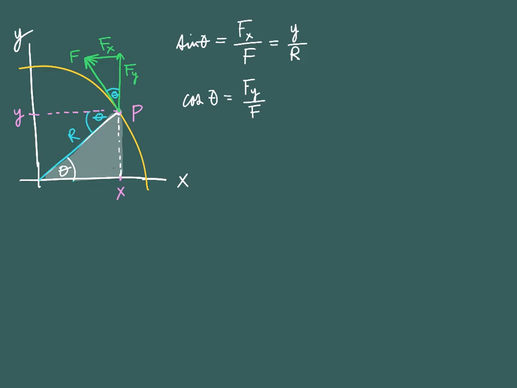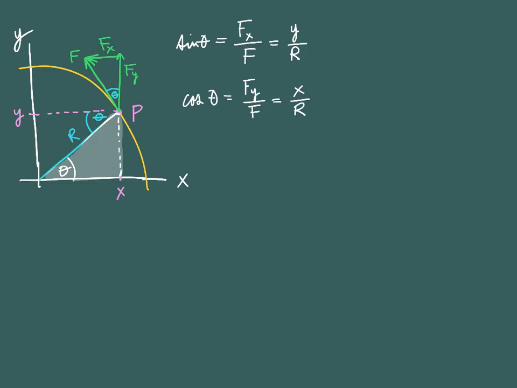And the cosine of theta will be equal to x over r. So we can take these equations. This is just basic trig, the most basic trigonometry there is, right triangle stuff.